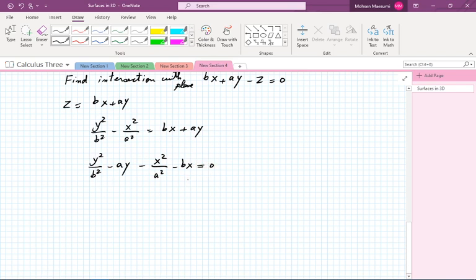Well, what is that one? That's an equation of something that you have seen in either pre-calculus or calculus. We have y squared and x squared, so it's a quadratic curve, whatever it is, and these two have differing signs.